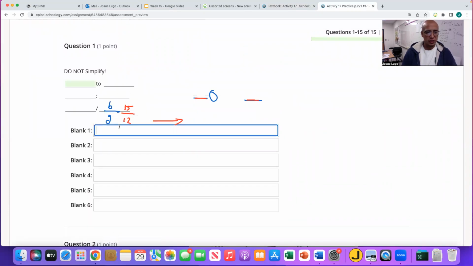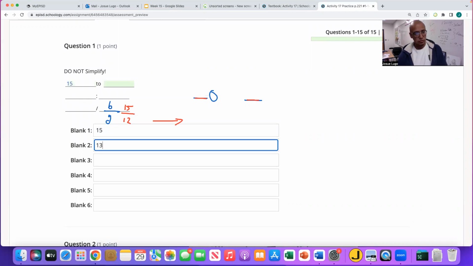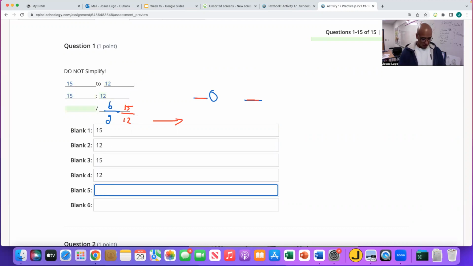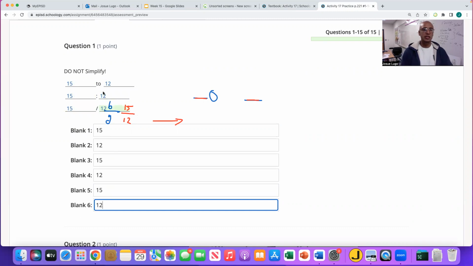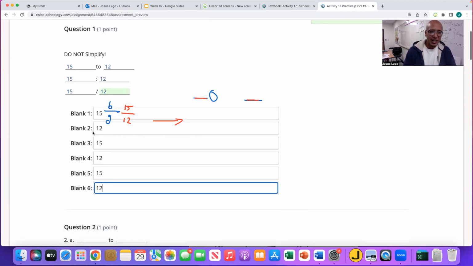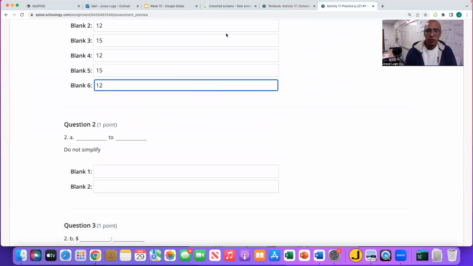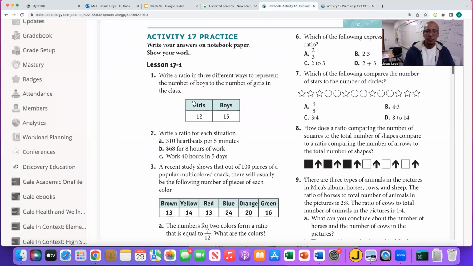So just click on the blank and it says boys is 15 to girls 12. And again, 15 to 12. I notice that now we have it written three different ways, and all three mean the exact same thing. And we're going to be doing that for the next problem, I believe, also.